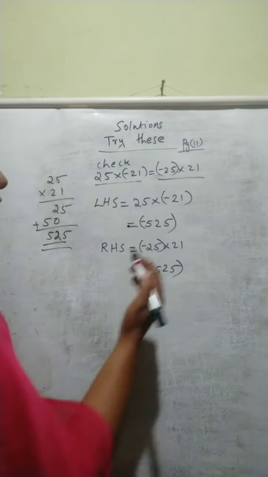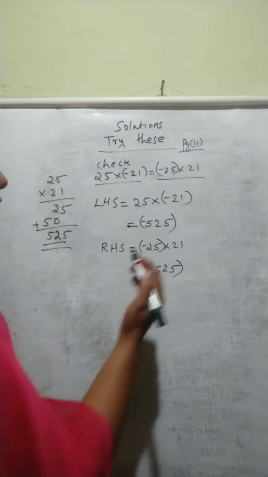Then negative 25, actually that is negative 1 into 25. So at the time we will get this negative. So this negative can be anywhere. Here negative is for 21, but at the time 25 is positive, and here it is positive 21 but negative 25. Don't forget, this type of thing happens only in the case of multiplication. We can keep the negative anywhere, but the answer will be same.